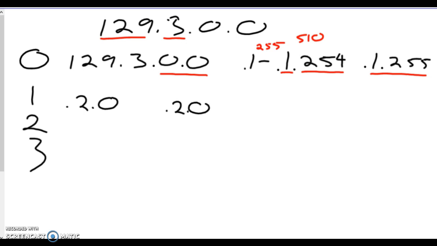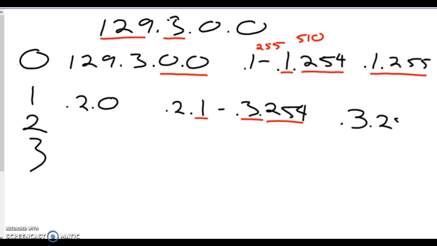So our next row would be 2.0, or 2.1, I'm sorry. So once again, I incremented all the way to 255 on this digit, incremented 1 to get 3, went all the way up to 254 again to get 510 addresses, and then my broadcast here will be 3.255.